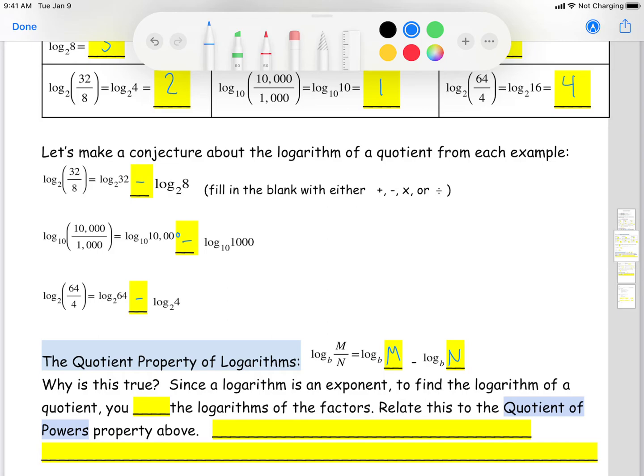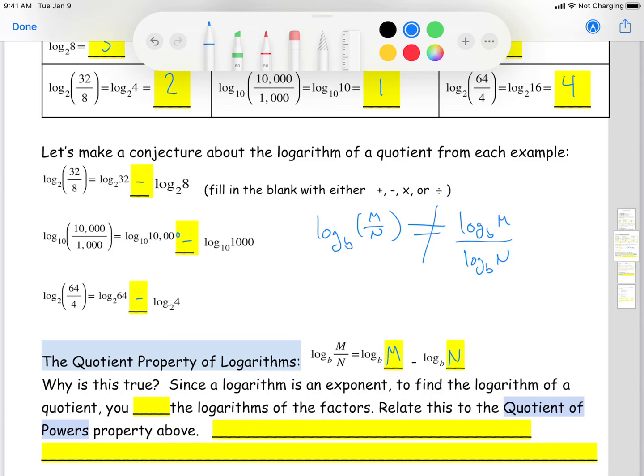Okay, please know, very, very important. That log base b of m over n does not, big huge, does not equal log base b of m over log base b of n. Please do not confuse the two.